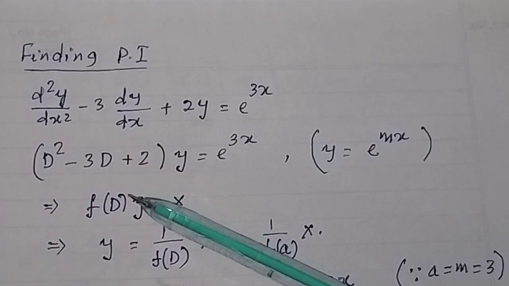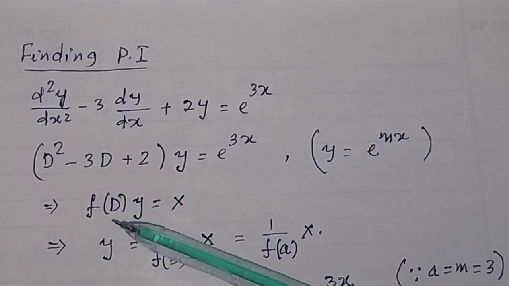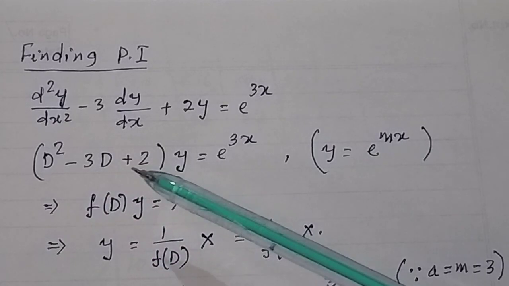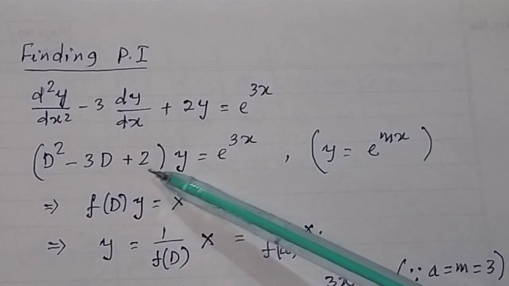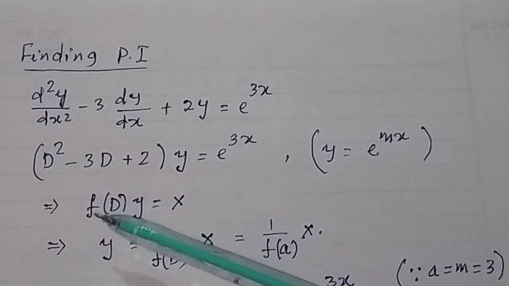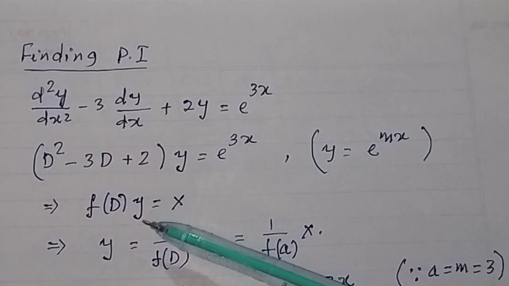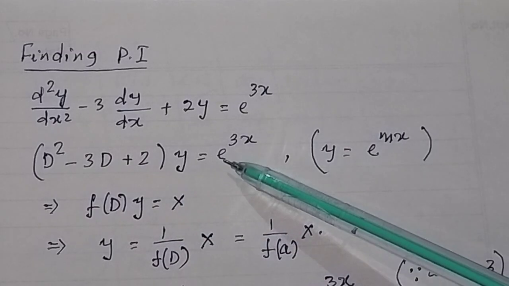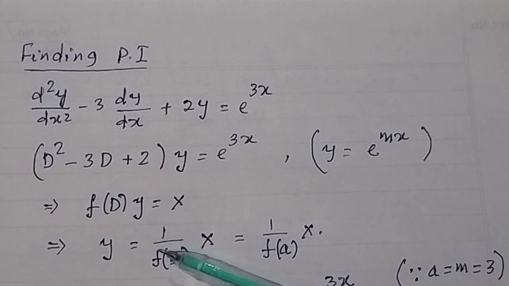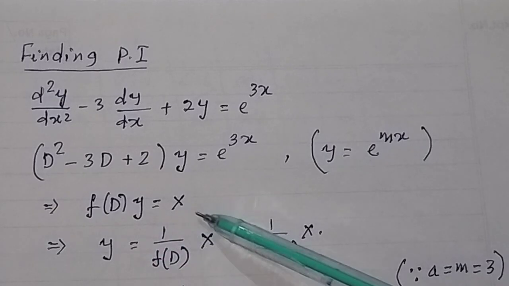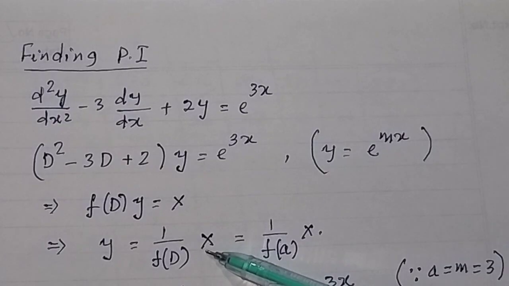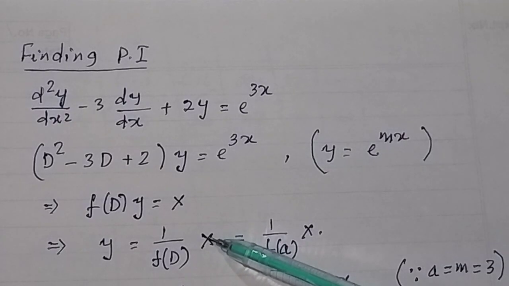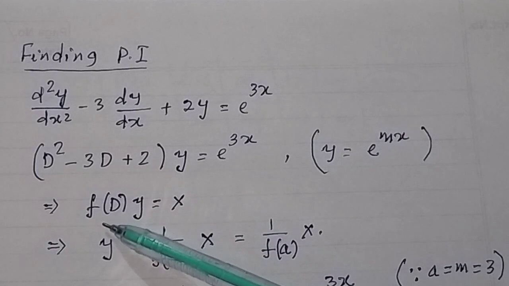So for the nth derivative you write f(D), and here for the second derivative you write f(D) into y is equal to X, where X is equal to e to the power 3x. Then y will be equal to 1 by f(D) into X, and this is your particular integral. I have discussed the particular integral in the previous video, so you can watch that.